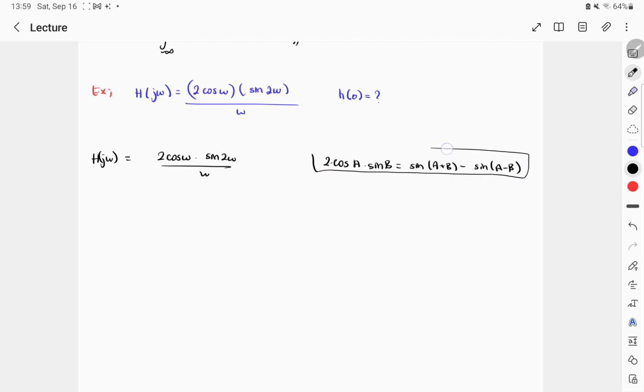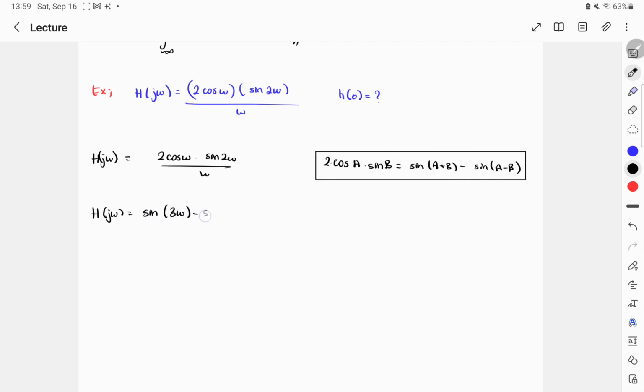All right, this is important. Let me show it like this, and we will replace this as sine 3 omega minus sine minus omega.